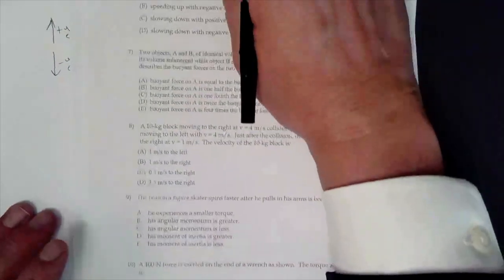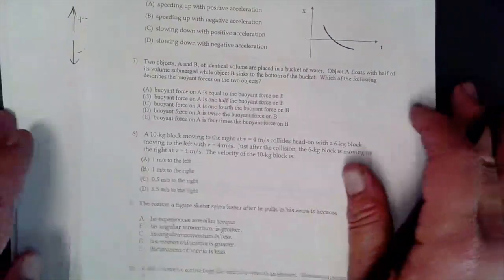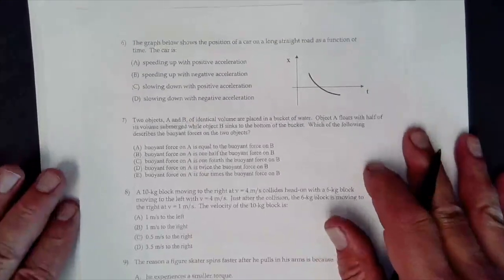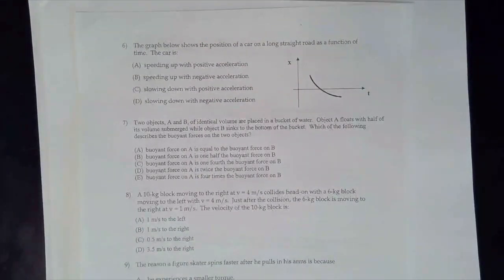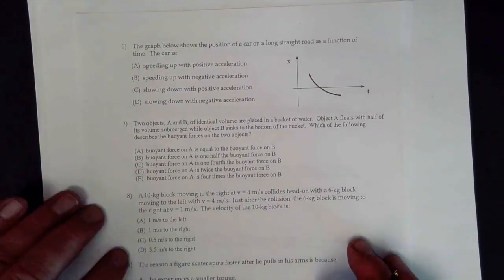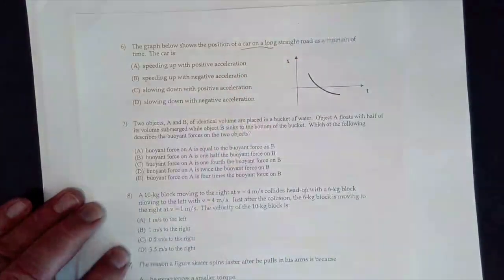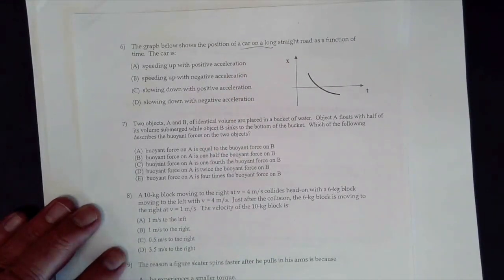Now, if I go to the next page here, I have a position versus time graph, and it's of a car on a long straight road. We want to know what the car is doing.